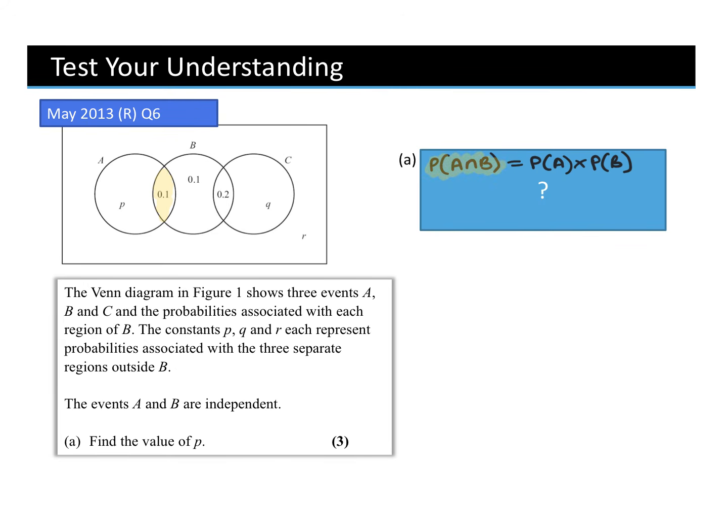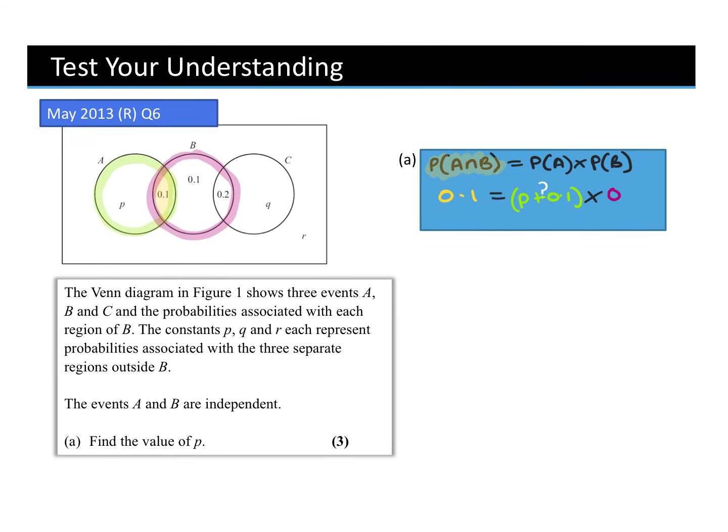Okay? Equals the probability of A. A is this whole area here. So this is P plus 0.1 multiplied by the probability of B. Now we know B is all of this in here. So B is 0.4.